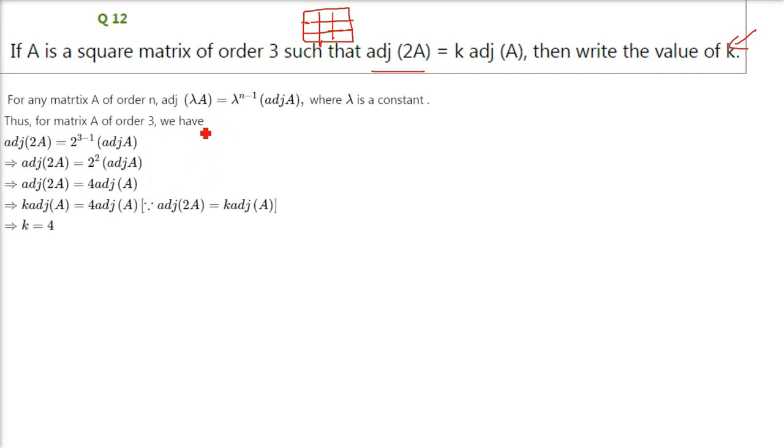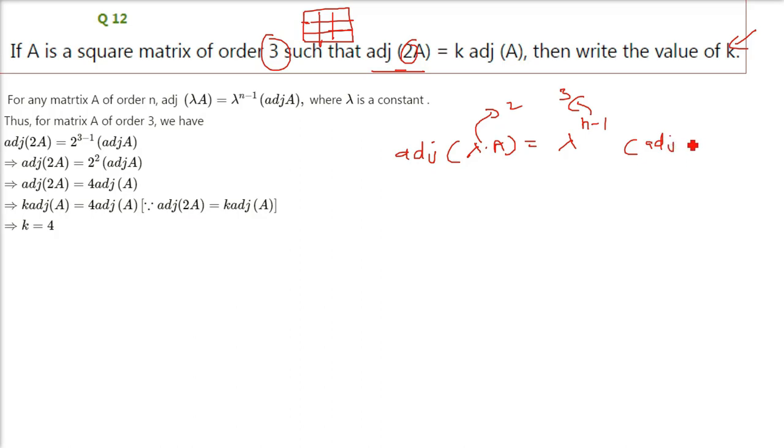Okay. So we already know by our previous discussion that the adjoint of 2A, if this 2 is some lambda or some K, so the adjoint of lambda into A is equal to lambda or K to the power n minus 1, and then the adjoint of A. In this case, we will put lambda equals 2, and in place of n, we are going to put 3.